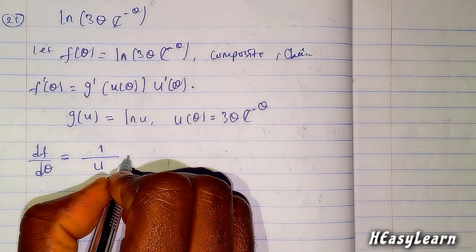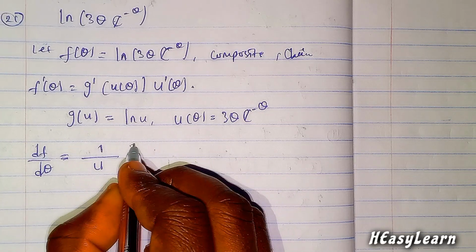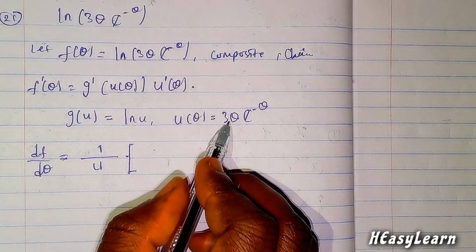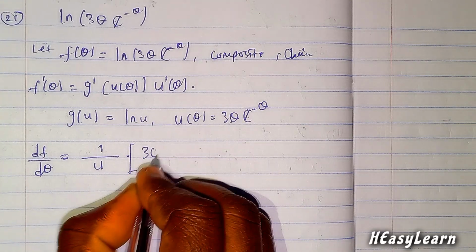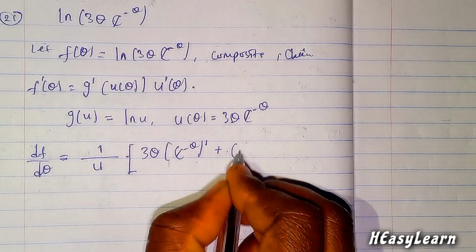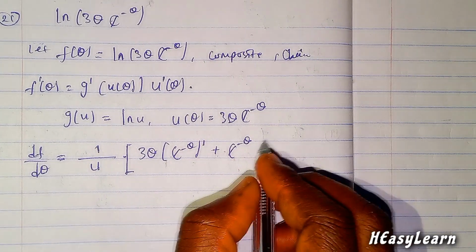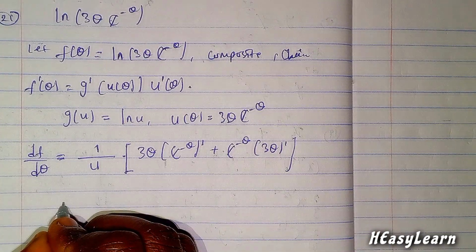multiplied by the derivative of u. In this case, the derivative of u needs the product rule, because this is a product of a polynomial function and an exponential function. Keep the first, differentiate the second, plus keep the second, differentiate the first.